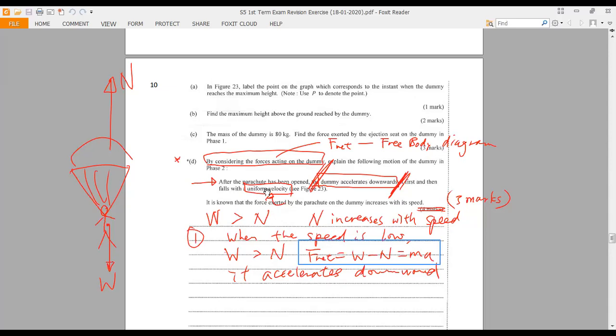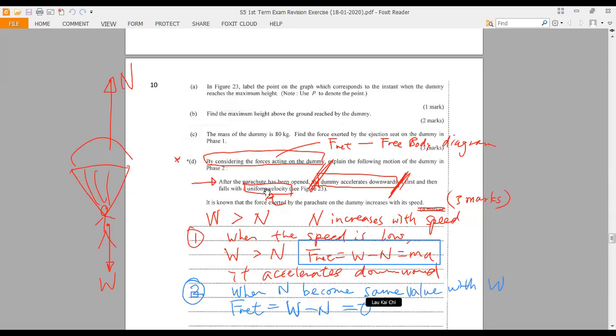So for uniform velocity, in fact, it's similar to part 2. When N becomes the same value, because it's increasing, right, with W, the net force would become W minus N equal to 0.